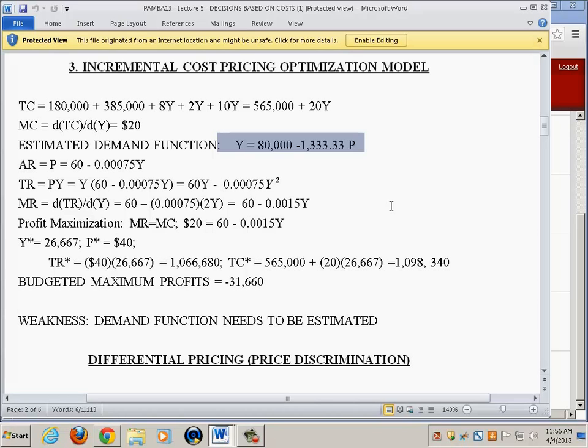Why? Because, number one, a realistic demand function is not that simple functionally. It's not only quantity demanded as a function of price. There are many other factors that affect quantity demanded, such as the income of the customers, the availability of substitutes, the quality of the product, and so on. So if you want to specify a realistic demand function, it has to have more explanatory variables to explain quantity demanded, not only price.